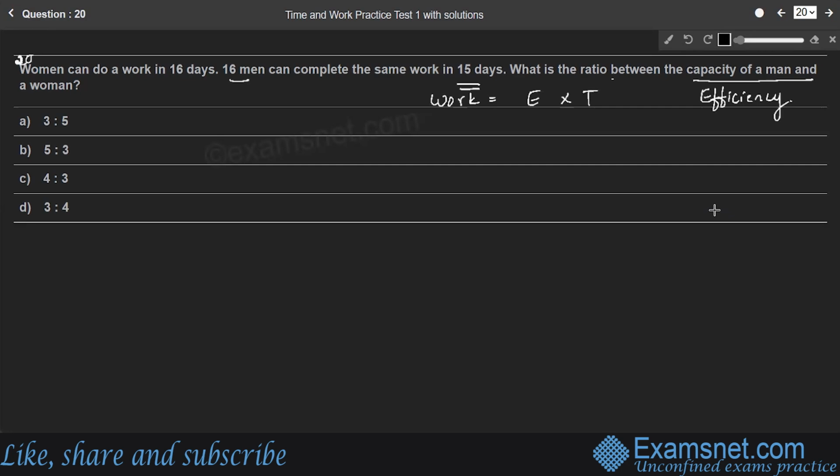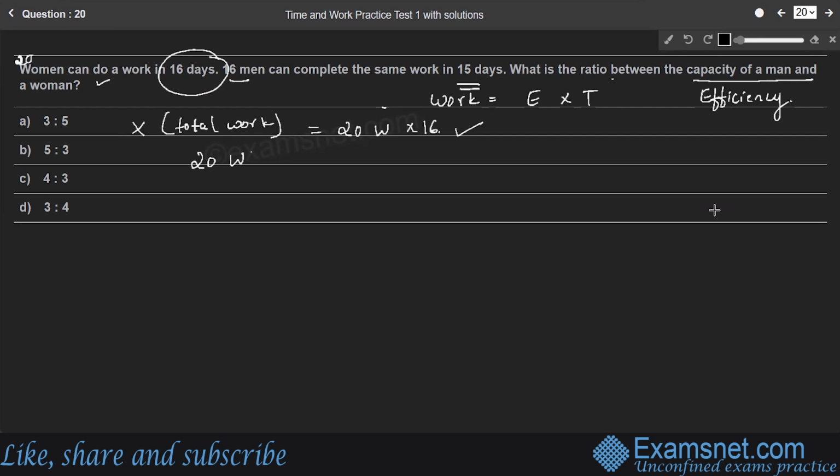So it is given that 20 women can do a work in 16 days, right? So if we consider X as the total work, to complete this work, right? 20 women work for 16 days. Therefore, total work can be written as 20 women into 16, right? Therefore, what is efficiency of 20 women, right? So 20 women indicates the efficiency, into 16 indicates the time, right?